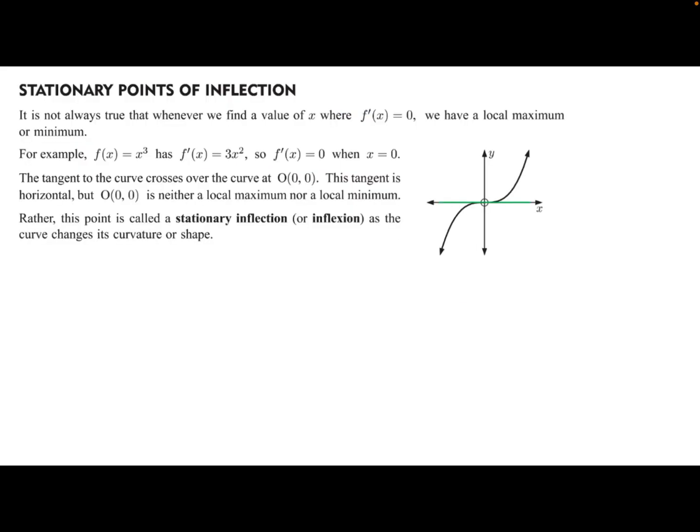What it can also do is help us find what are called points of inflection. Points of inflection are where the gradient approaches 0, but rather than turning around, it carries on. So you've got a positive gradient turning into a 0 gradient and then back into a positive gradient.